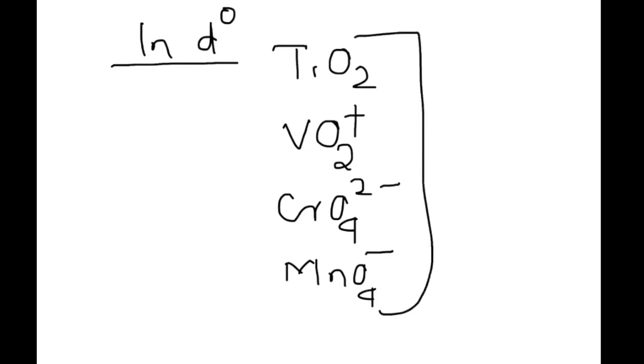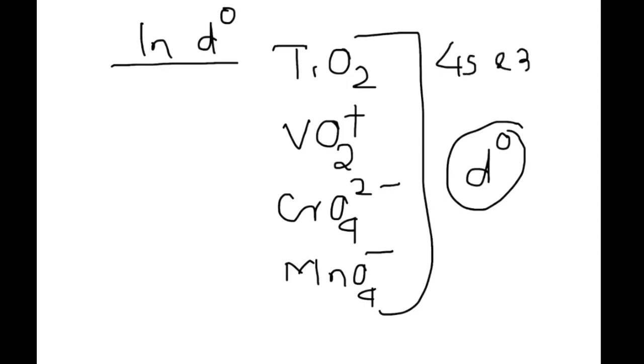All these have D0 configuration, meaning all electrons, all 4s and 3d electrons, participate in the formation of a chemical bond. All electrons are used to form chemical bonds. So they can exist as TiO2, VO2+, CrO4 2-, MnO4-.